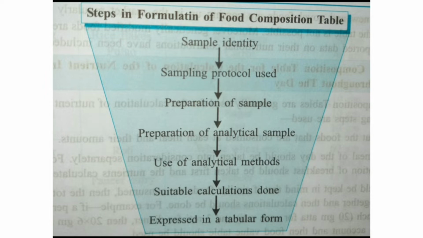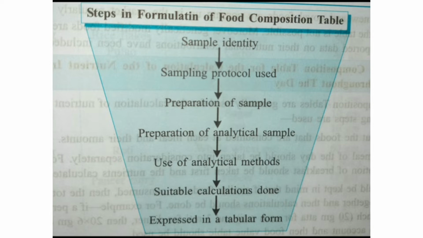The second compilation table was compiled and published by Atwater and Woods of USA in 1896. The original food composition table was compiled and published by FAO and United Nations.